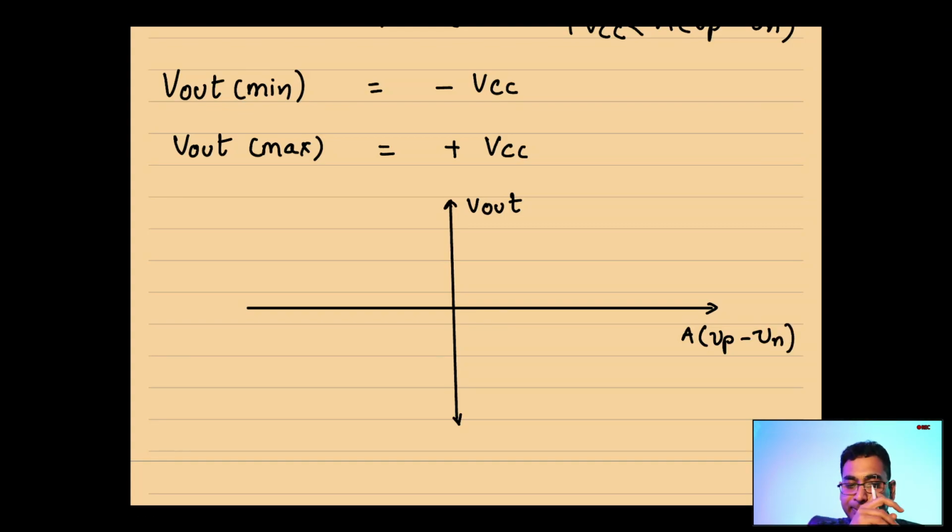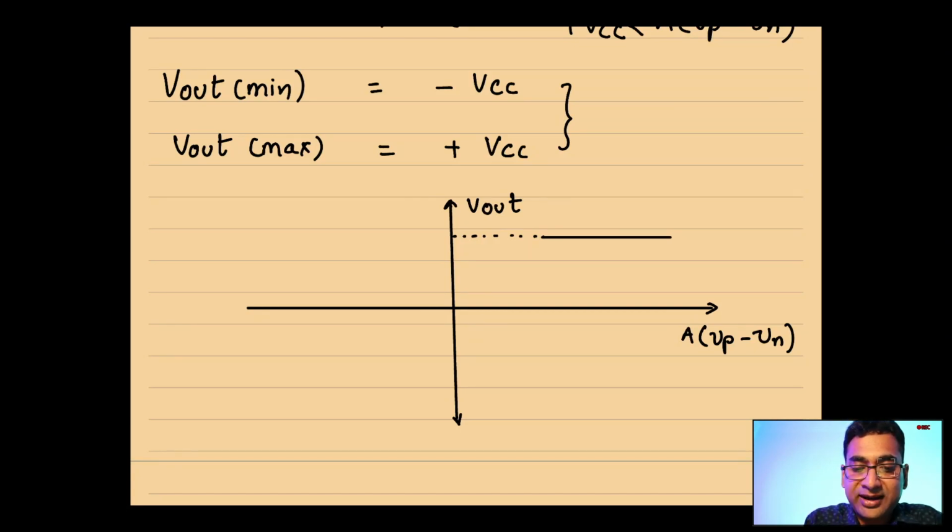Now what I'm going to do is to simply show you these two expressions in a graph. What it means is the output maximum is going to be that guy. Output maximum is going to be plus VCC.